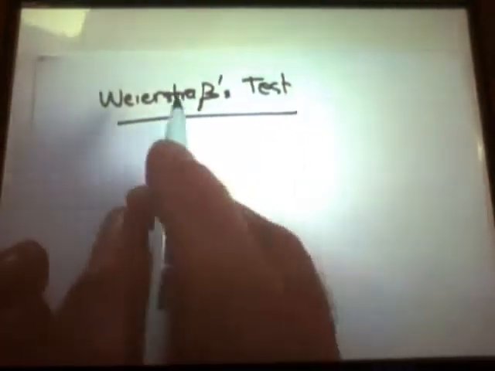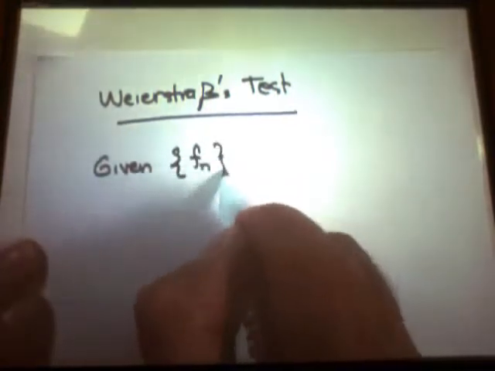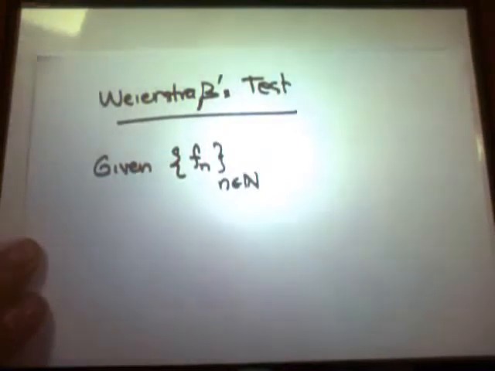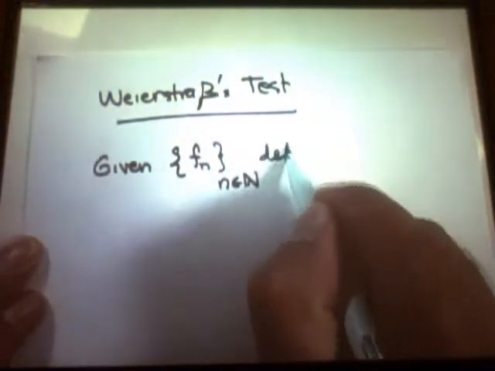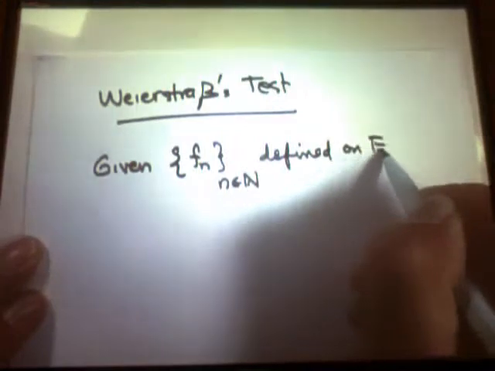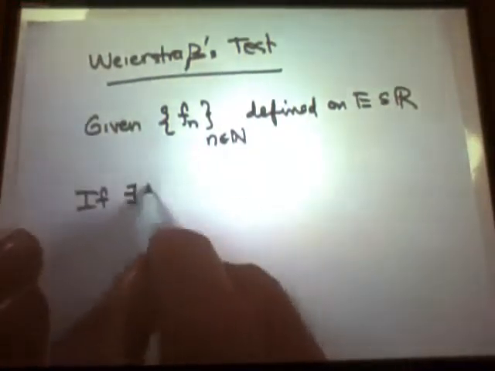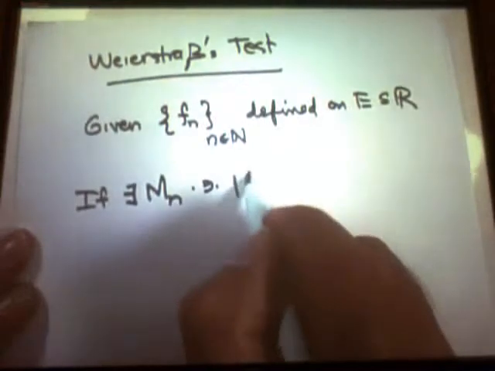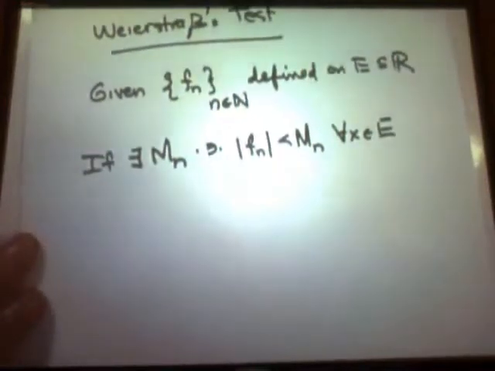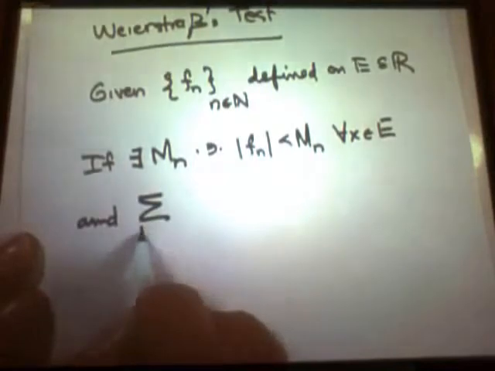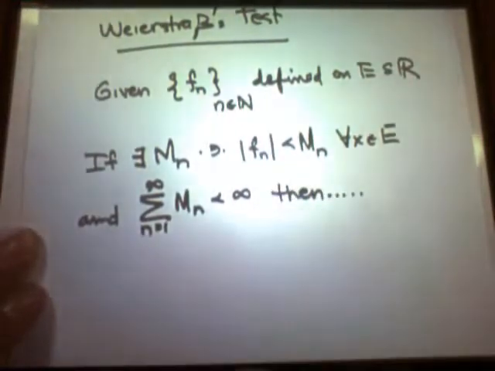Which says, given a sequence of functions f_n defined on some common domain, if there exists an M_n such that the absolute value of f_n is less than M_n for all x in E, and the sum of the M_n's converges, then what?